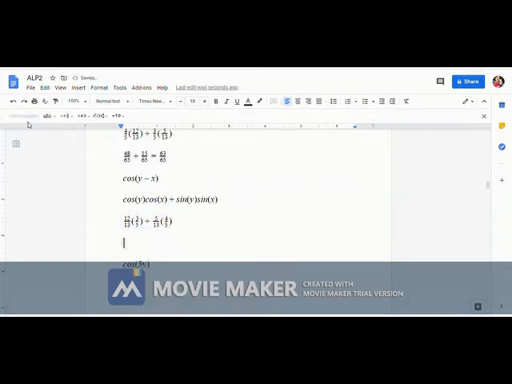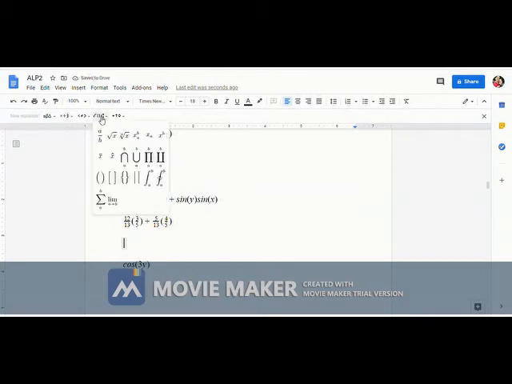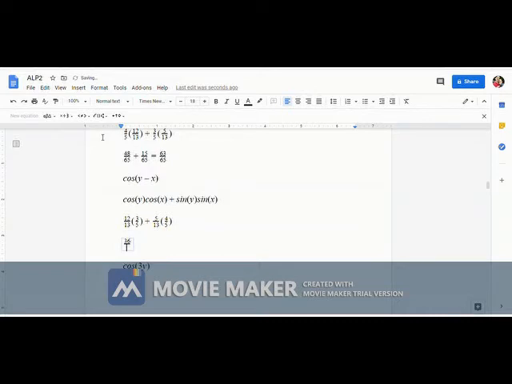Multiply those together, we get 12 times 3 is 36 over 65 plus 5 times 4 is 20 over 65, and add those together and you get 56 over 65.